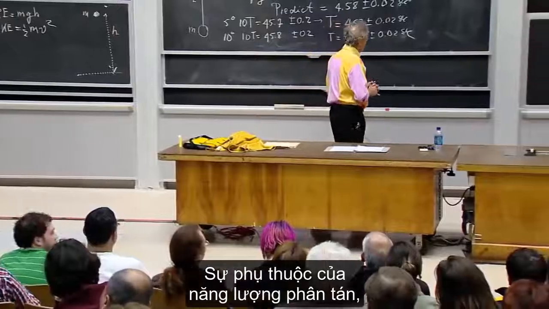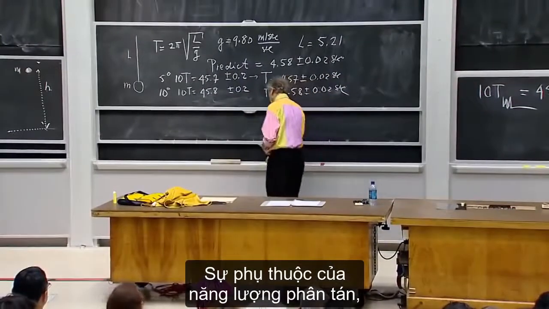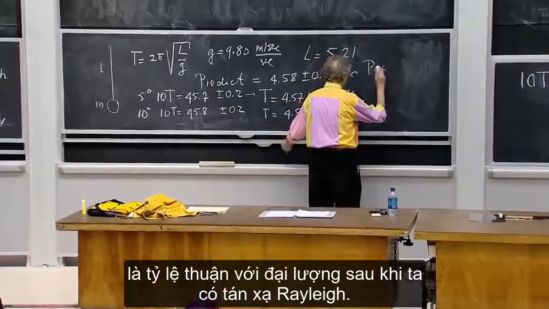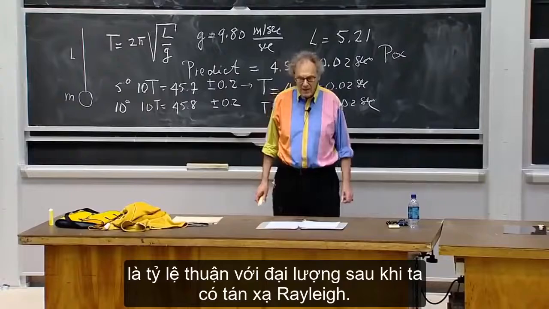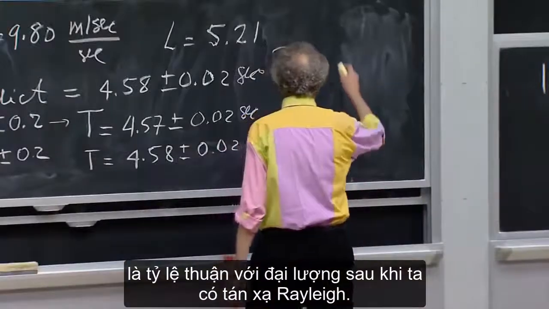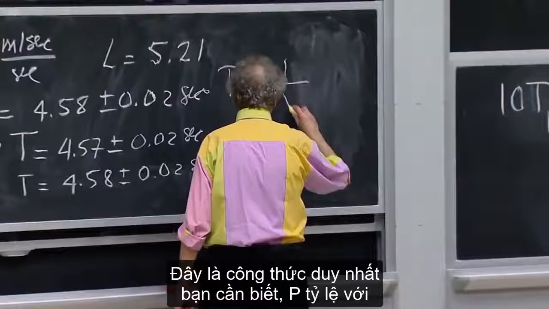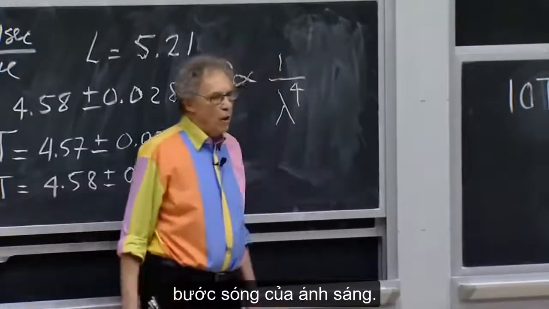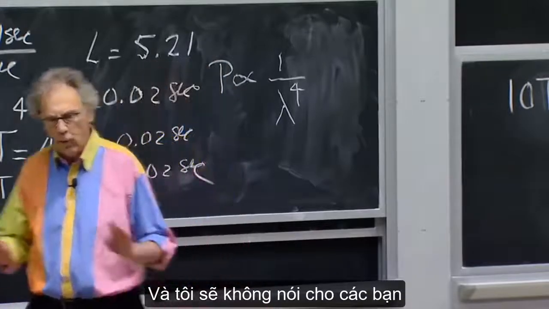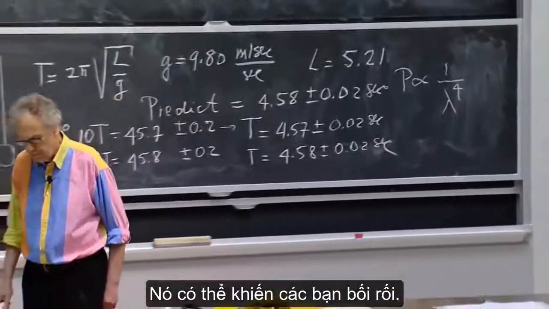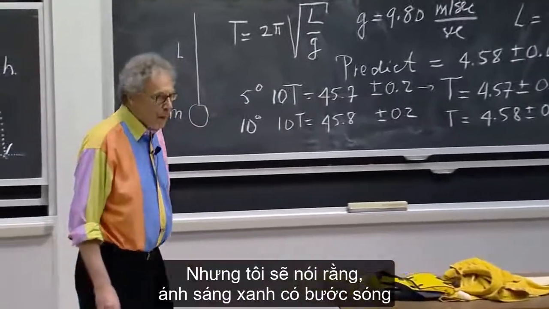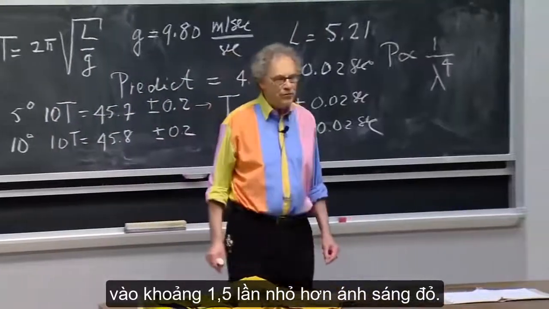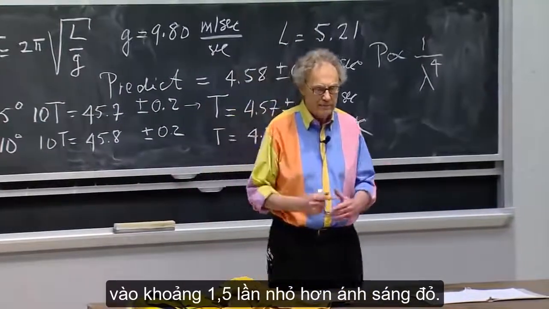The power of scattering, I'll call that P, is proportional, when we have Rayleigh scattering, to 1 over lambda to the 4th. This is the only equation that may bother you. Lambda is the wavelength of light. Blue light has a wavelength which is about 1.5 times lower than red light.